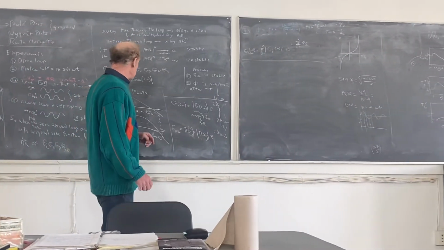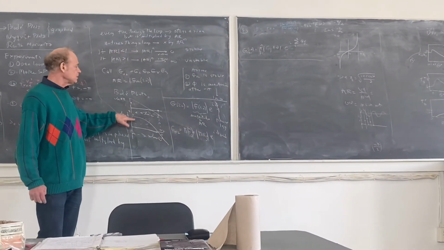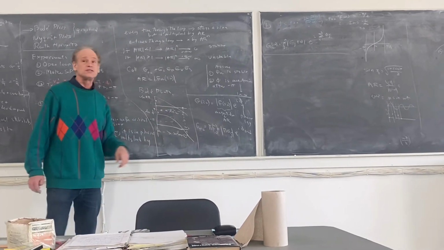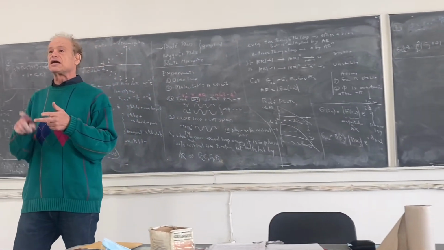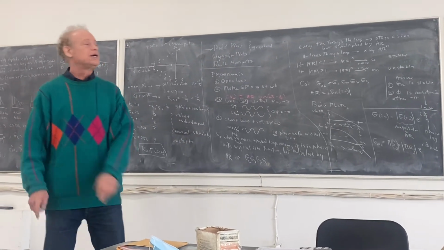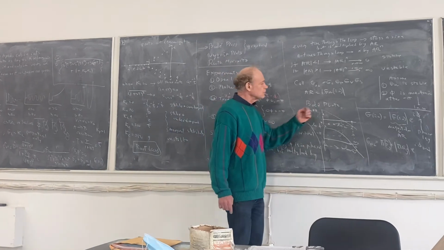They show you how the amplitude ratio depends on omega, and how phi depends on omega, for a first order system, for a second order system, for proportional only, for proportional integral, etc. So you can see what those look like.